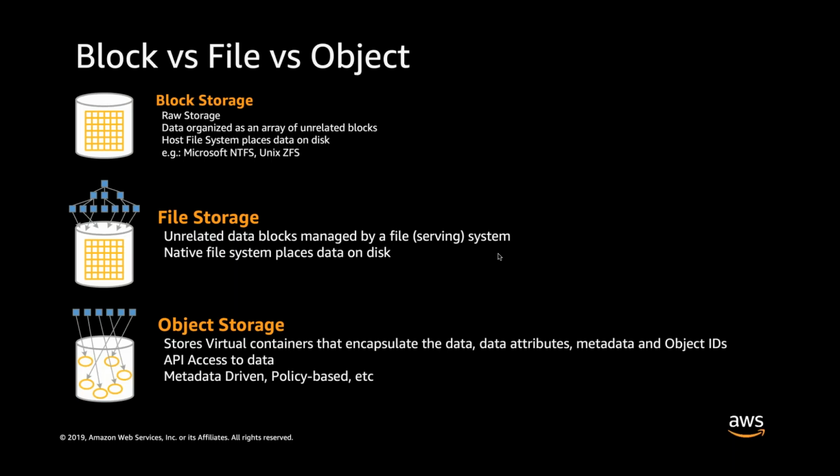The third option is object storage, which is stored in a virtual container. Usually this is the likes of Dropbox, OneDrive, or Google Drive. It's accessed via API, so you cannot install any software on object storage.